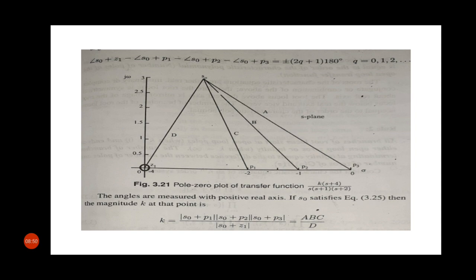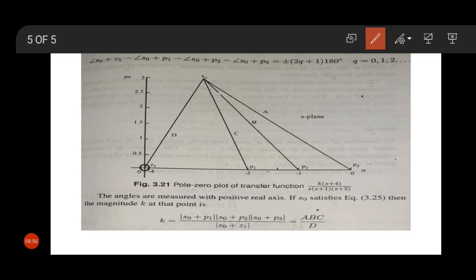Mod of (S0 plus P1) is the length A, mod of (S0 plus P2) is B, mod of (S0 plus P3) is C, and this is divided by mod of (S0 plus Z1), that is D. In this way we find K if S0 satisfies the angle criteria.